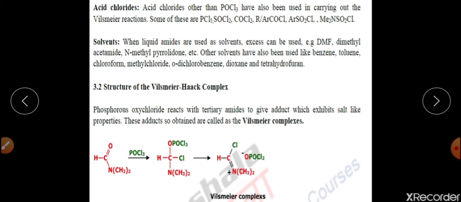Solvents that can be employed for the reaction. These are the different kinds of solvents that we can use for the reaction to happen. This is the structure of the Vilsmeier-Haack complex that can be used during the mechanism.